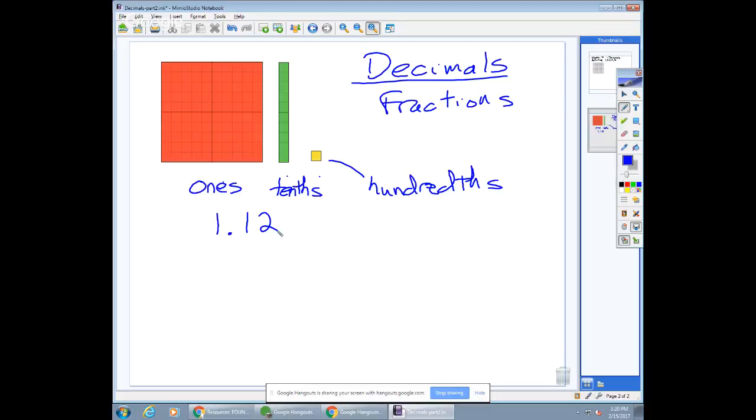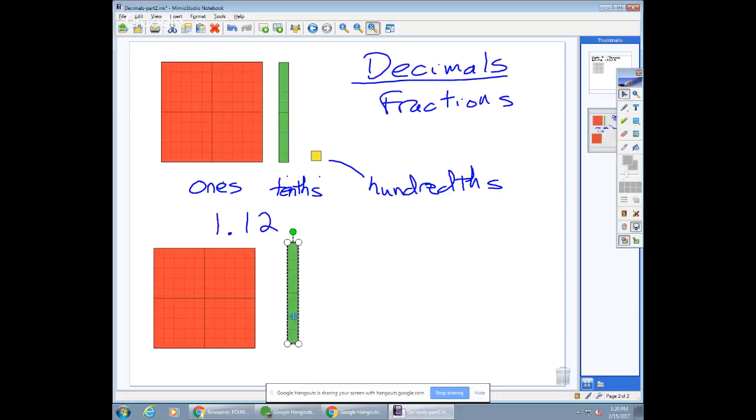So take the toys in front of you and let's make a quick picture of 1 and 12 hundredths. So I would want to grab one of these guys and I would want one of those guys and 2 of these guys. Okay.